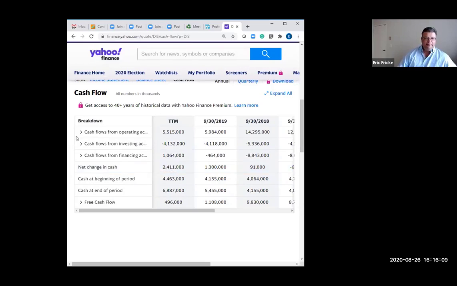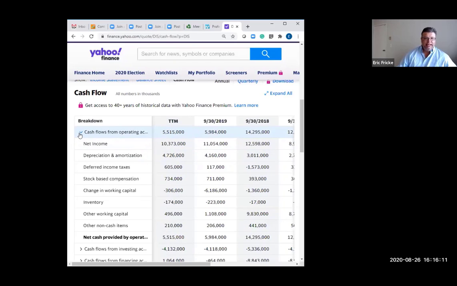Okay. Let's look at the operating cash flow. So here you see they start off with net income, and then they make adjustments to net income to get to cash flow from operating activities. So you see depreciation, amortization. Some of this stuff we're not going to worry about too much.